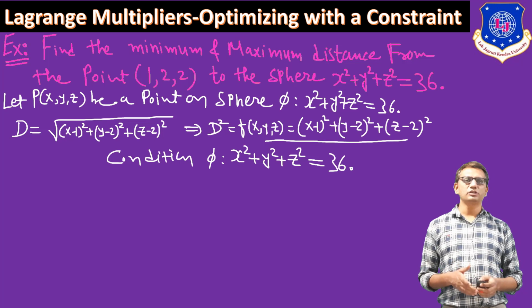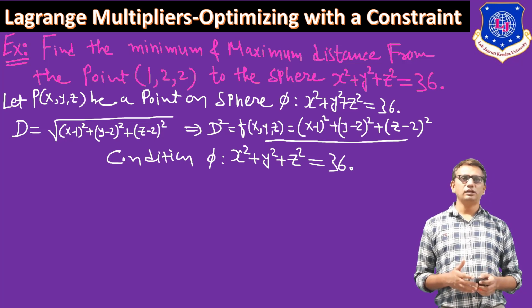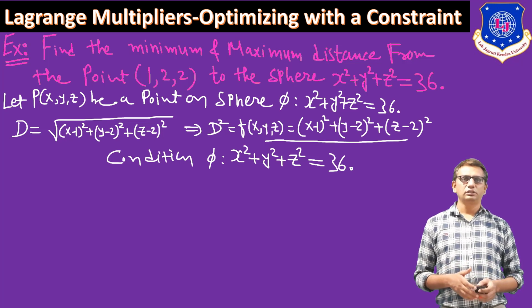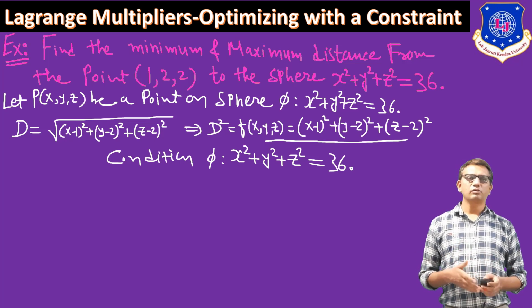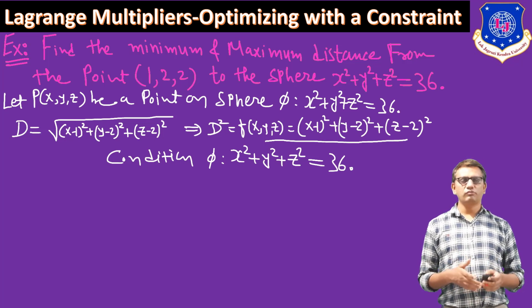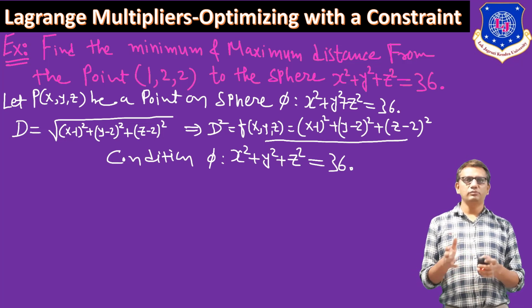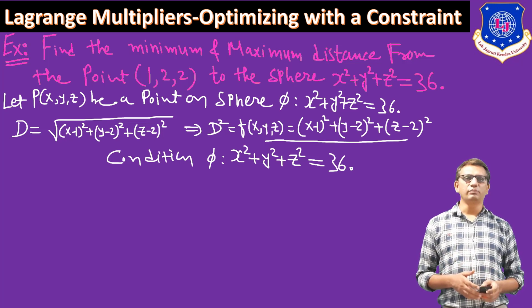But we will use the function d square, because the derivative of a square root is very complicated. So the d square function is very easy. If d square is maximum, then d is also maximum. If d square is minimum, d is also minimum.